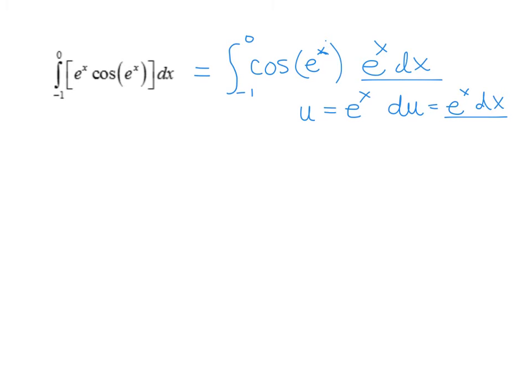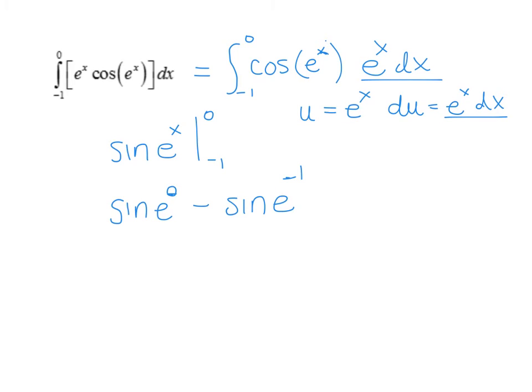So I'm going to go ahead and the integral of cosine is sine. So I've got sine e to the x from -1 to 0. So that's going to be sine e to the 0 minus sine e to the -1.